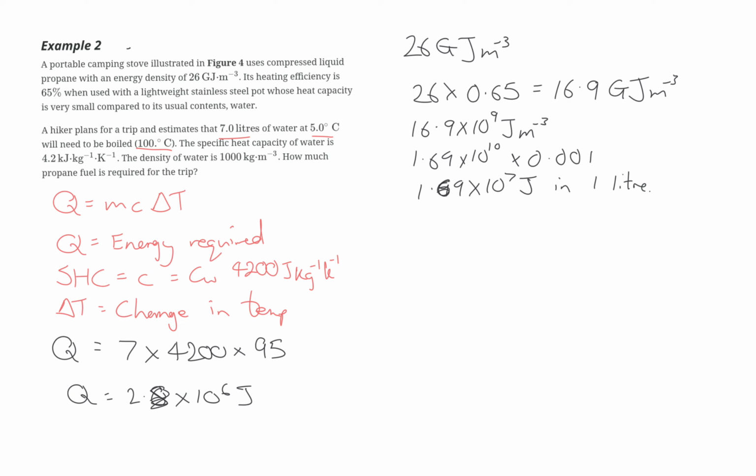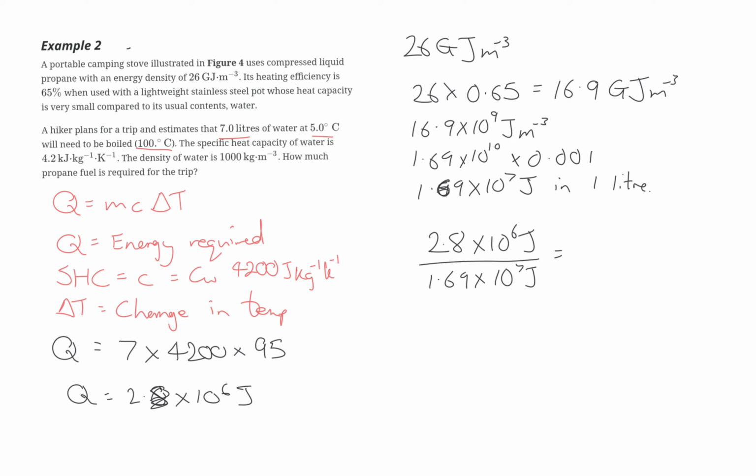Alright, so we're really close to figuring how much propane that we need then. Well, we need a total of 2.8 times 10 to the 6 joules of energy, and 1 litre gives us 1.69 times 10 to the 7 joules.